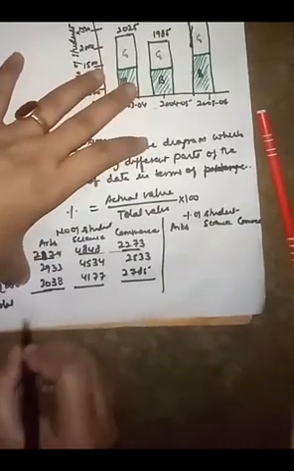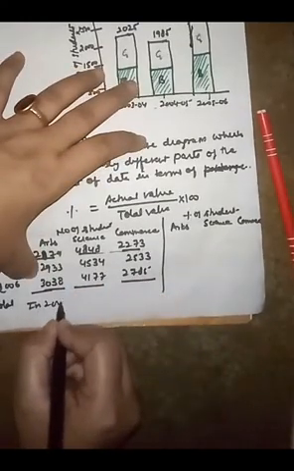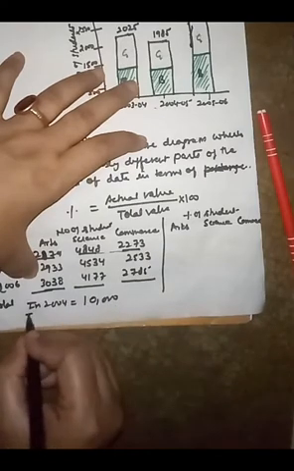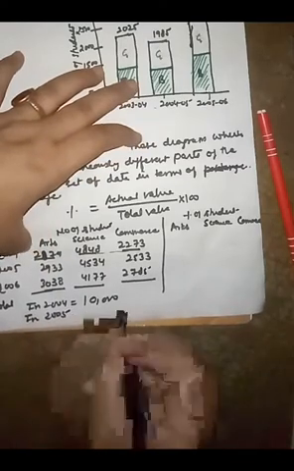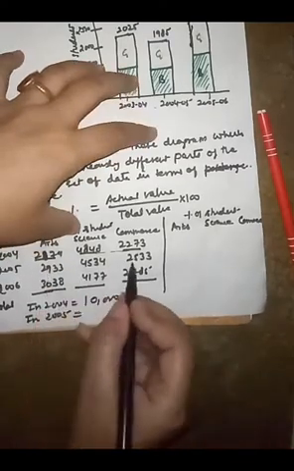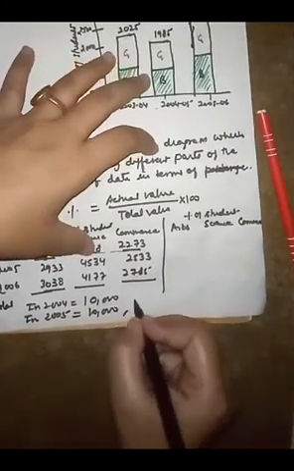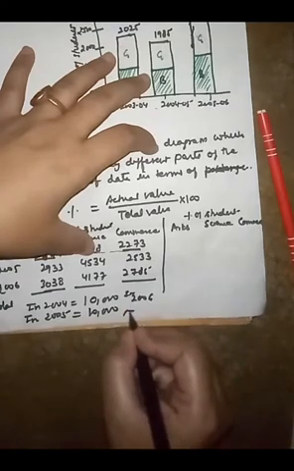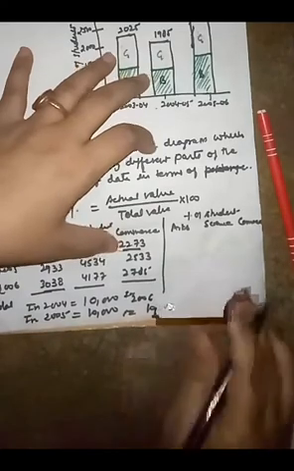So I write here the total value in 2004, it comes 10,000. In 2005 the total value comes again 10,000, and in 2006 again comes 10,000.